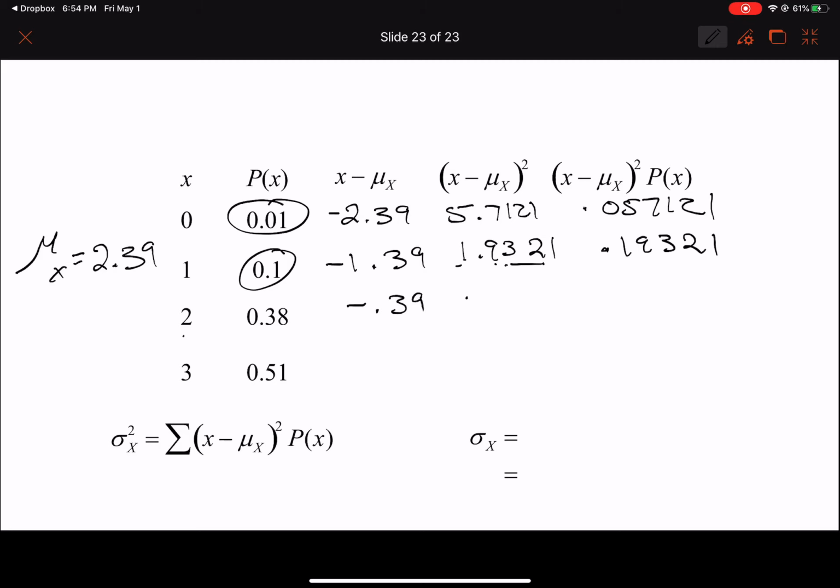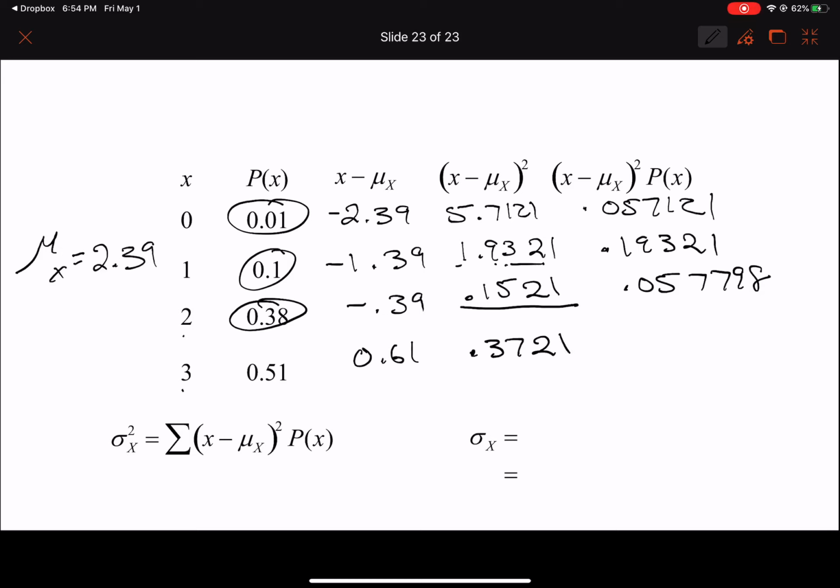Square that number, 0.1521. Multiply this by the probability, get 0.057798. Now take 3 minus 2.39, you get 0.61. Square that number, 0.3721. Multiply this by that probability, get 0.189771.